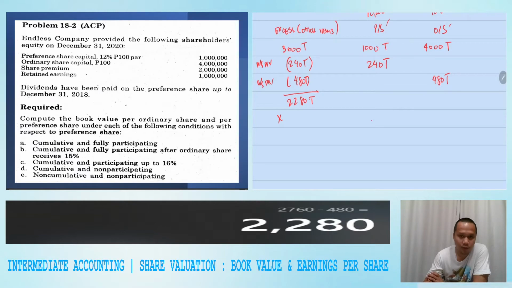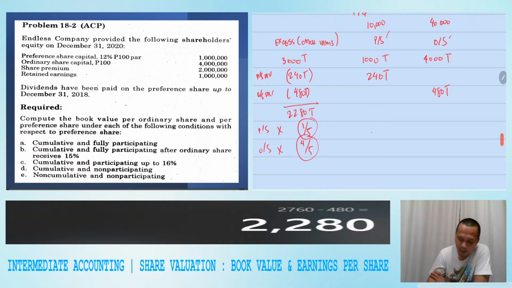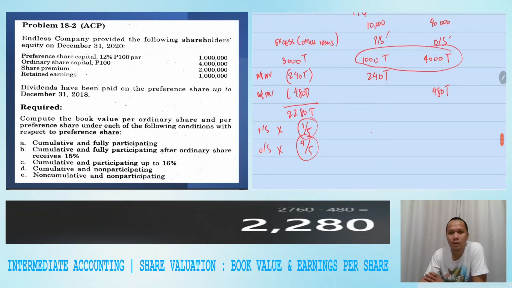So, 2,280,000 times 1 divided by 5 times 4 divided by 5. This is preference share, ordinary share. Now, saan natin kinuha itong 1 and 4 over 5? Dito, sa total par value.